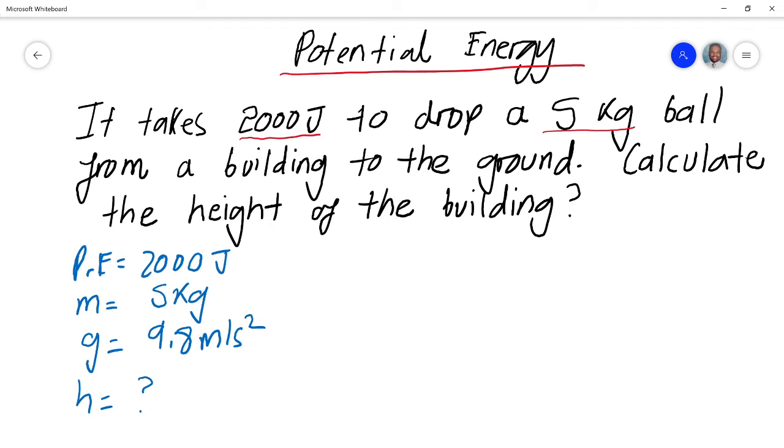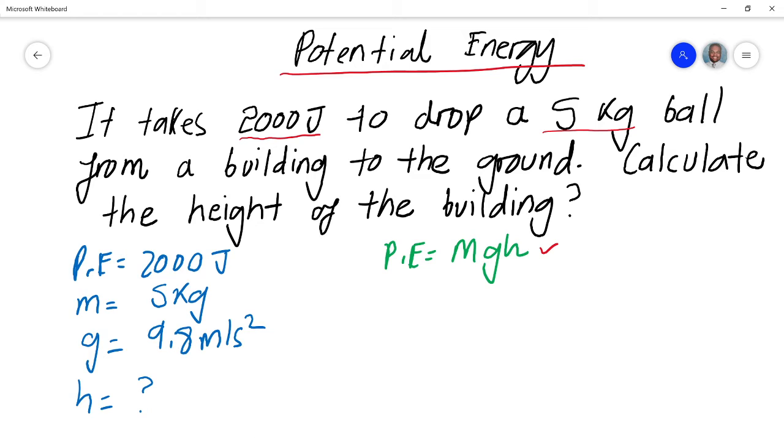And if you look at the formula for potential energy, I'll use green here. Potential energy is mgh. We need to work out my height, so we can make h the subject of the formula using algebraic manipulation.